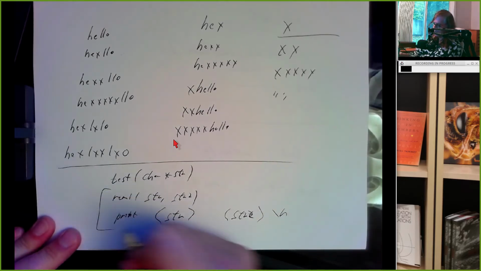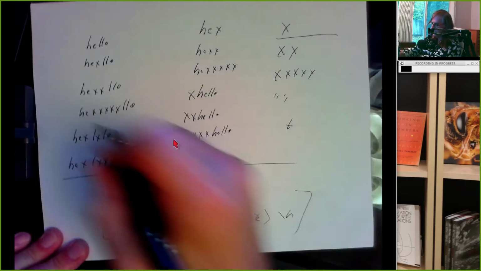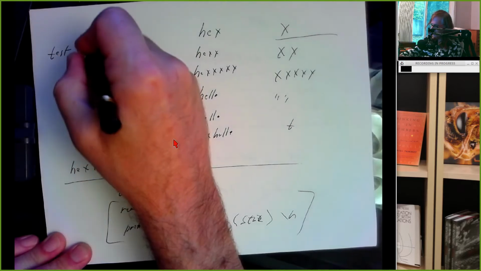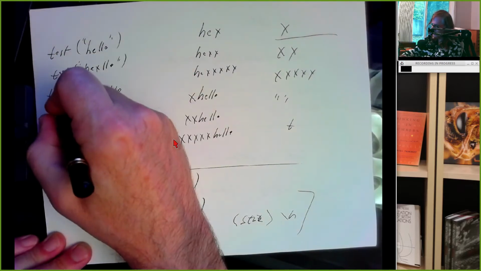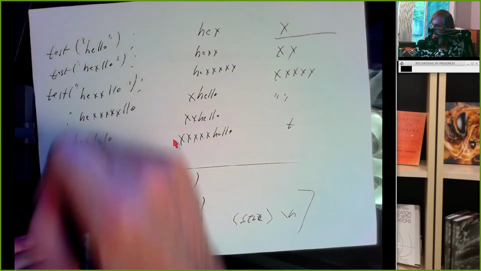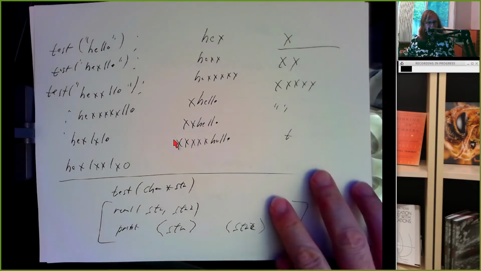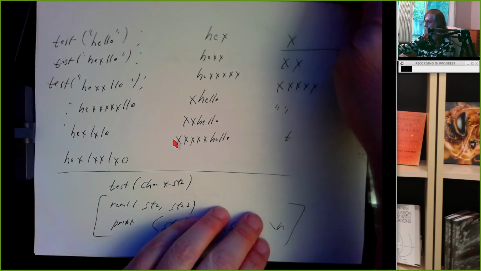And so here's a little test function, and so now my main program would be something like, test this thing, test that thing, test this other thing, and so on. And now I don't have to spend a lot of time changing main programs and stuff like that.